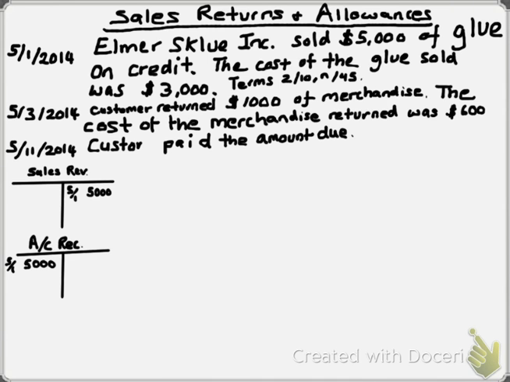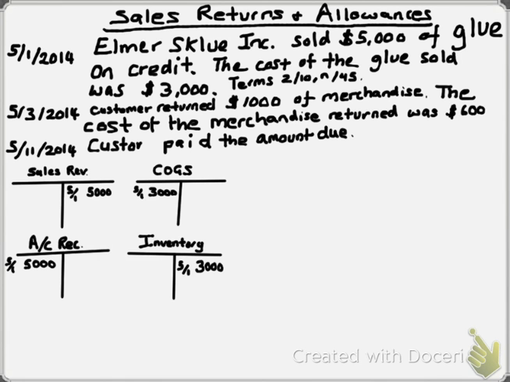So we are going to debit cost of goods sold for $3,000 and credit our inventory. That's when our inventory reduced by $3,000 and it became cost of goods sold. So debit cost of goods sold $3,000, credit inventory $3,000. We've taken a look at this twice before, so you should be familiar with this particular journal entry.